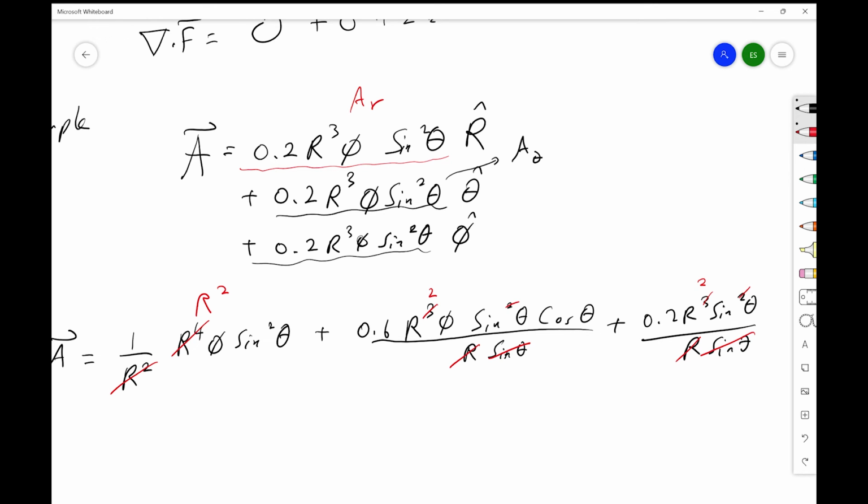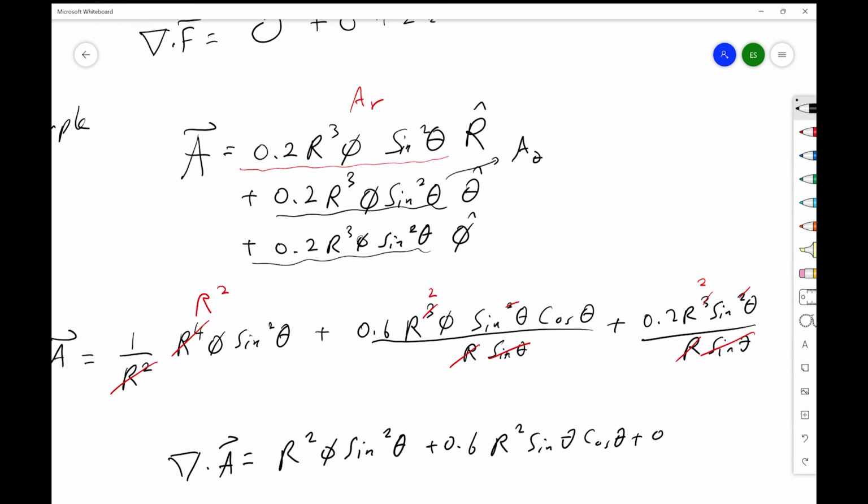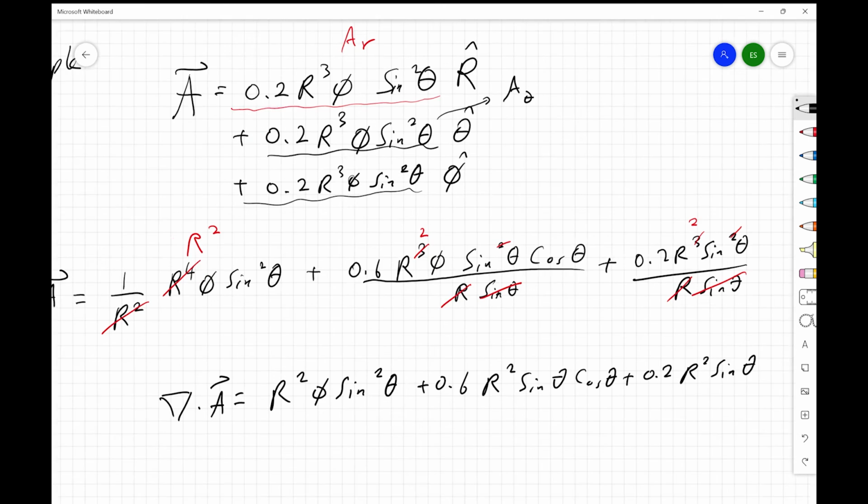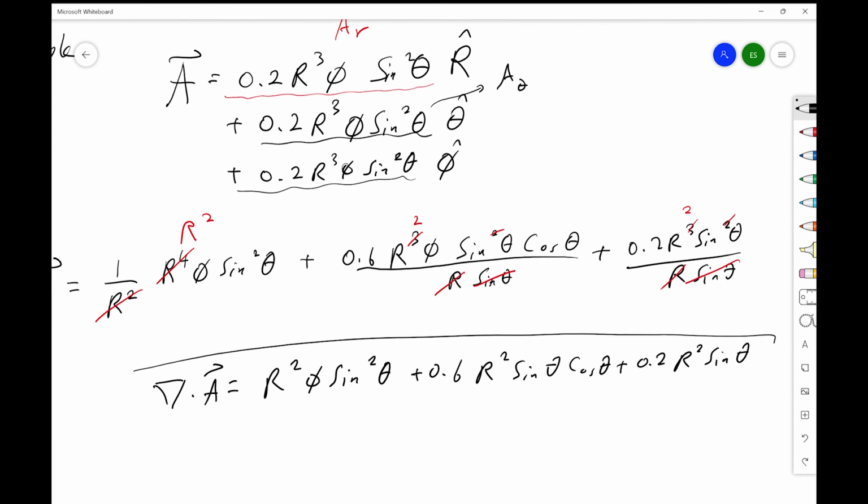We end up with only sine. So the divergence becomes r squared phi sine squared theta plus 0.6 r squared sine theta cosine theta plus 0.2 r squared sine theta. That's the divergence at every point.